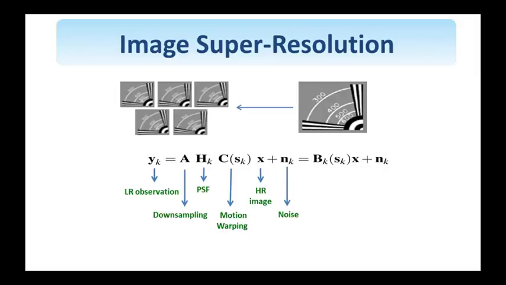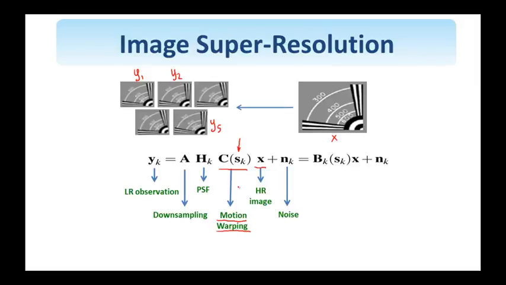Based on the discussion we had in the previous slide, we show here the image super resolution acquisition model, or the degradation model. X is the high-res image, and Y of k, let's say Y1, Y2, up to Y5, are the low-resolution observed images. So according to this model, the high-resolution image is first motion warped. This could mean just subpixel shifted, or a rotation component might be present, or any affine transformation might be included in this motion warping operator, which is described by the parameter S of k.